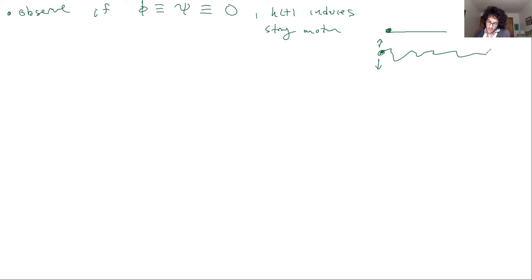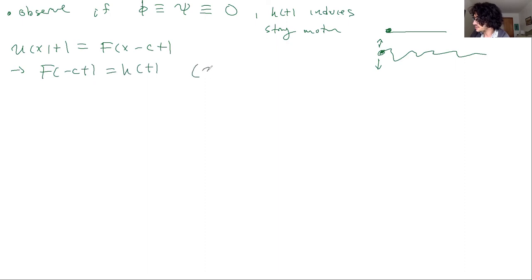So the idea then is that you have u(x,t). It's just going to be given by these rightward propagating waves that you get. And in this case, f(-ct) is going to equal h(t). This is our boundary condition.